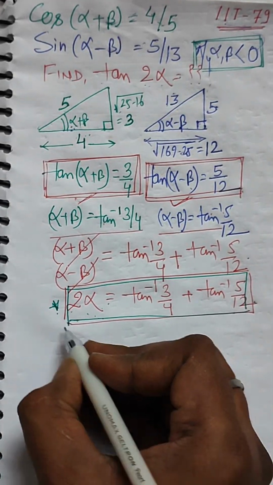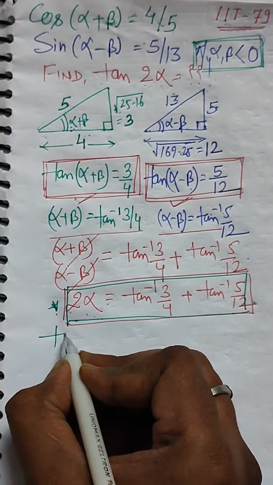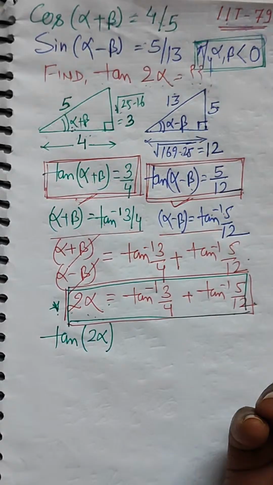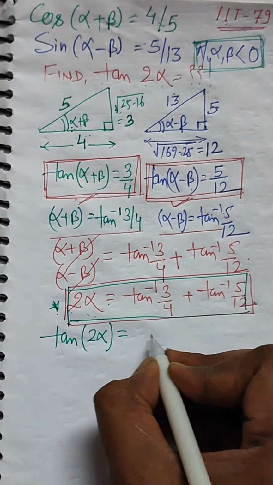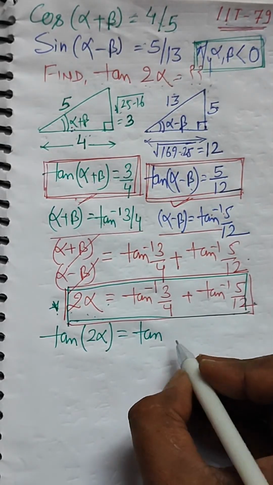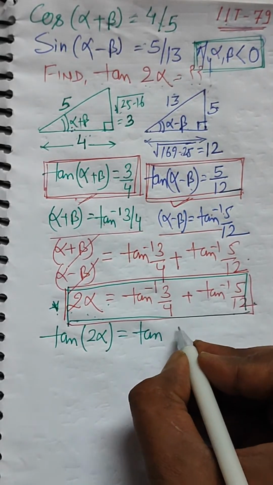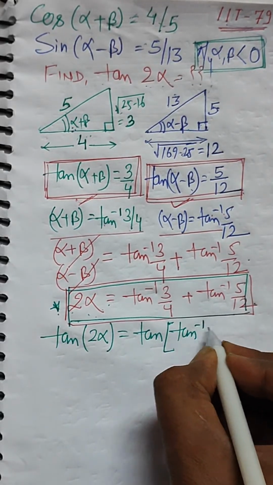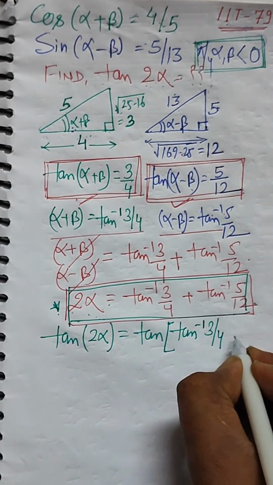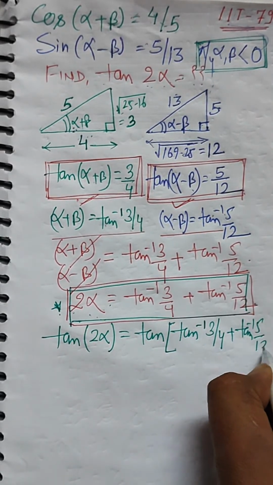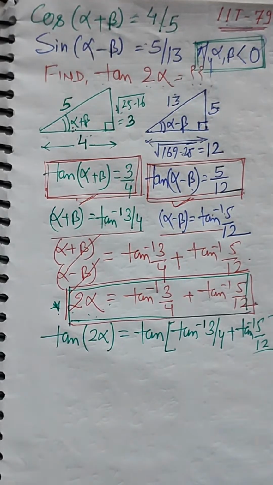Taking tan on both sides, into the LHS is tan 2 alpha and into the RHS is tan of tan inverse 3 by 4 plus tan inverse 5 by 12, right?